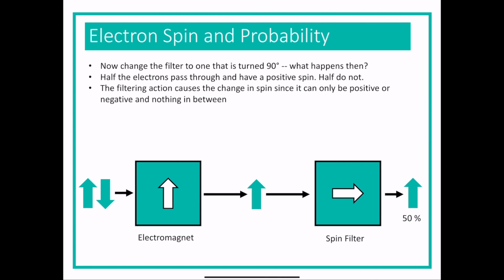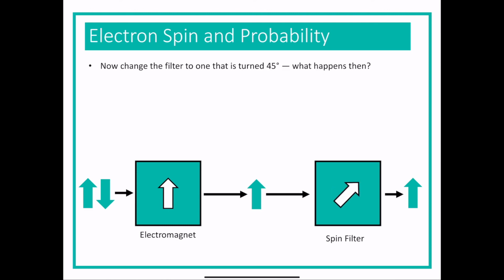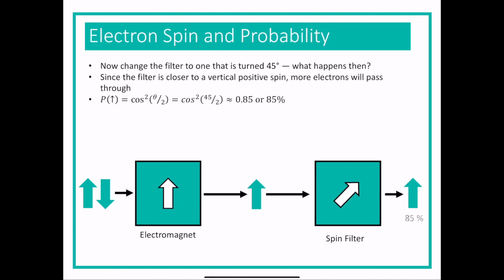What if you change it and put a different filter on that's 45 degrees? 75%? Close. It's actually 85% because it's related to cosine squared of theta over 2.